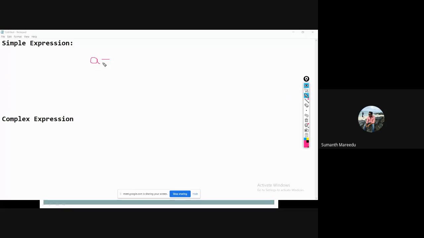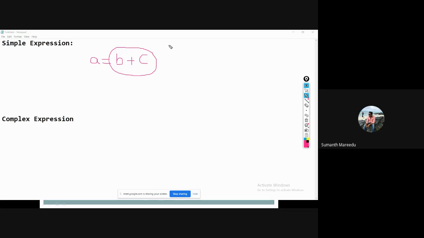I write like this: A is equal to B plus C. So how many operators? I have only one operator in the expression. So this kind of expression is called a simple expression. If there is only one operator in the expression, that expression is called a simple expression.